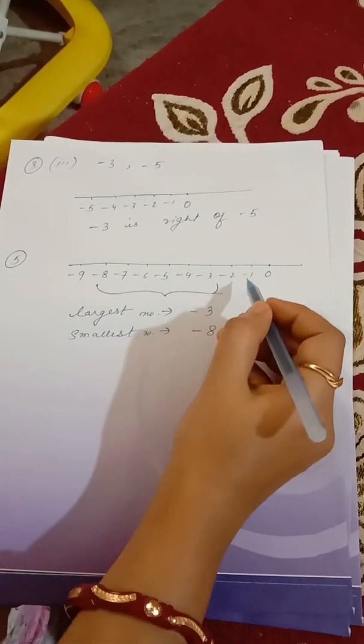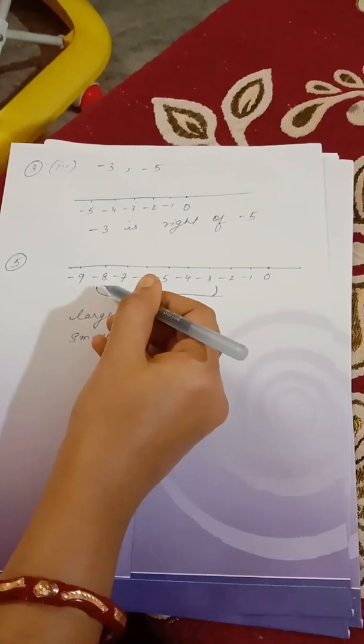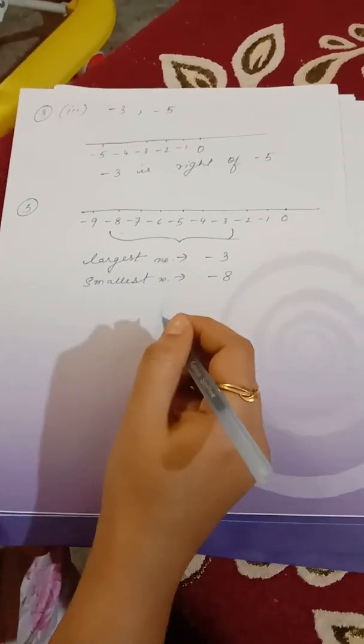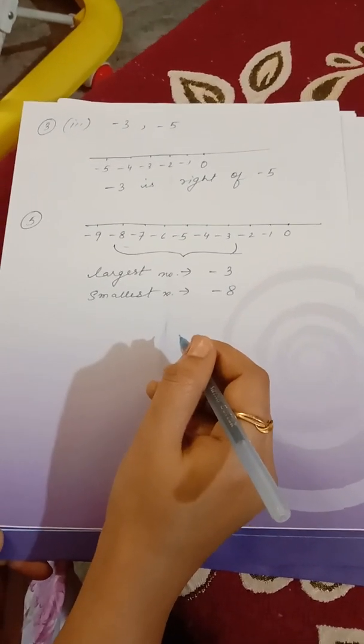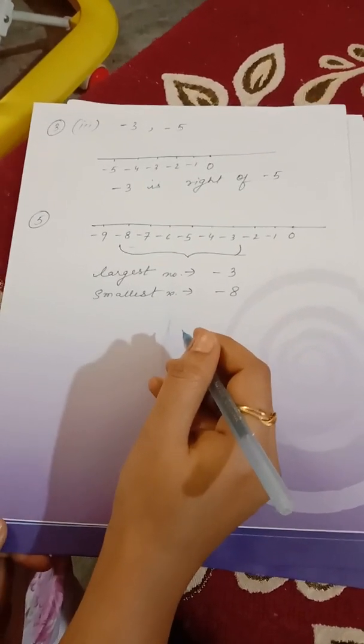Because again and again I am telling that if you go to the left side, you will get the smaller numbers. Now next question is, write 4 integers greater than -9.